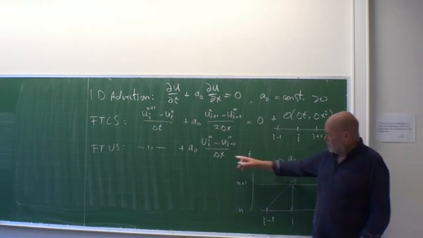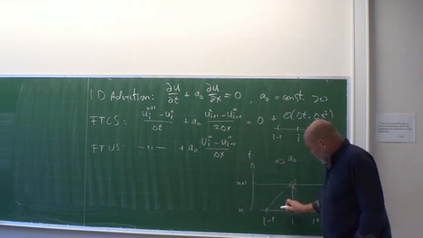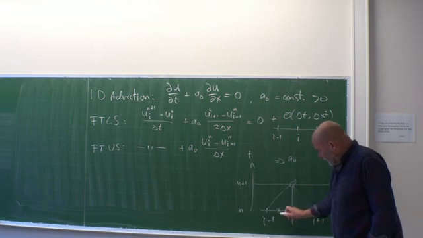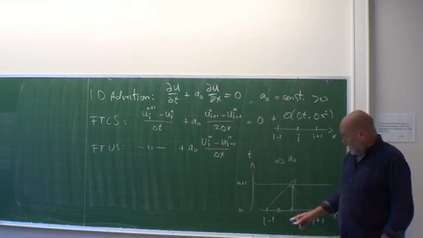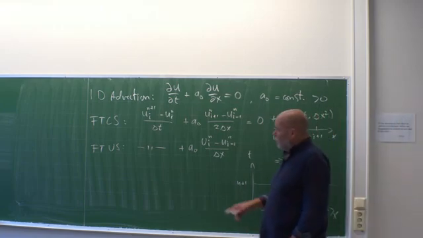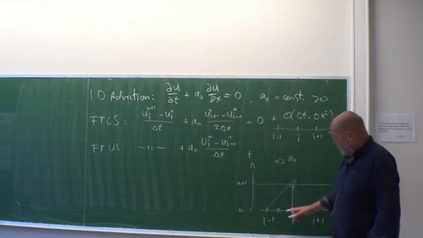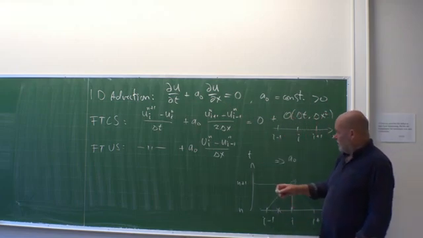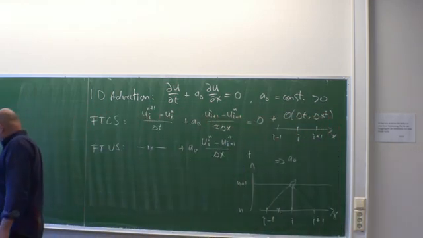That means if you look at it as a central scheme, you have actually created a derivative somewhere between these two points, somewhere here. But this is the location for our unknown when we solve this one for the new velocity. Hence, this is going to be a little bit different when it comes to the orders.